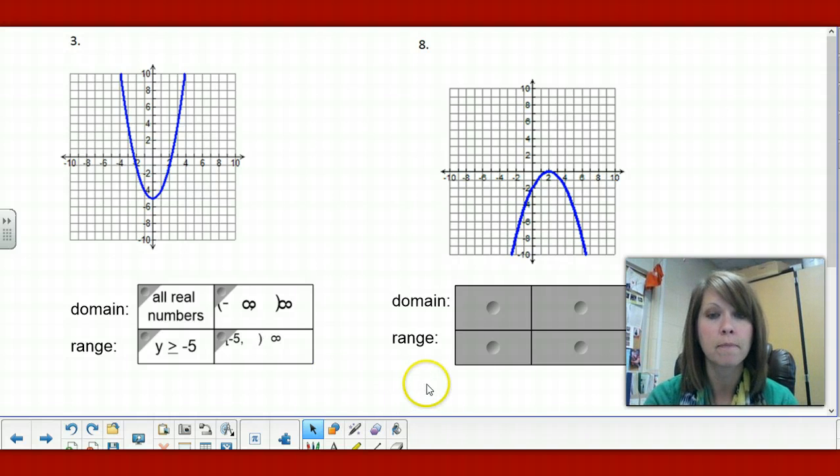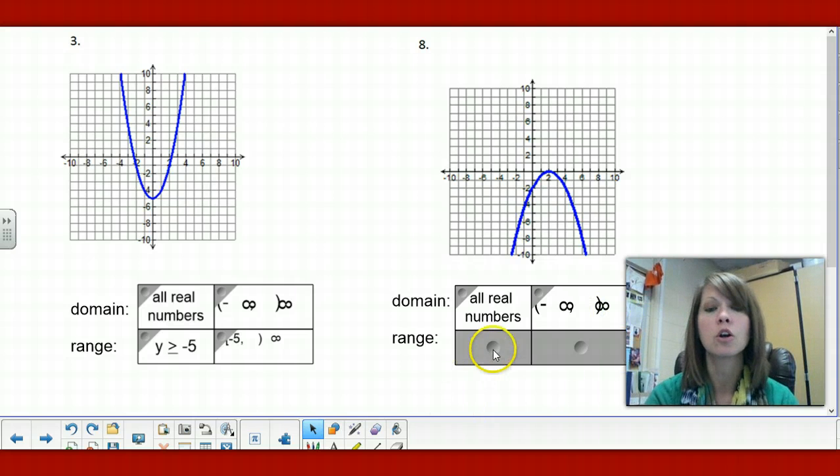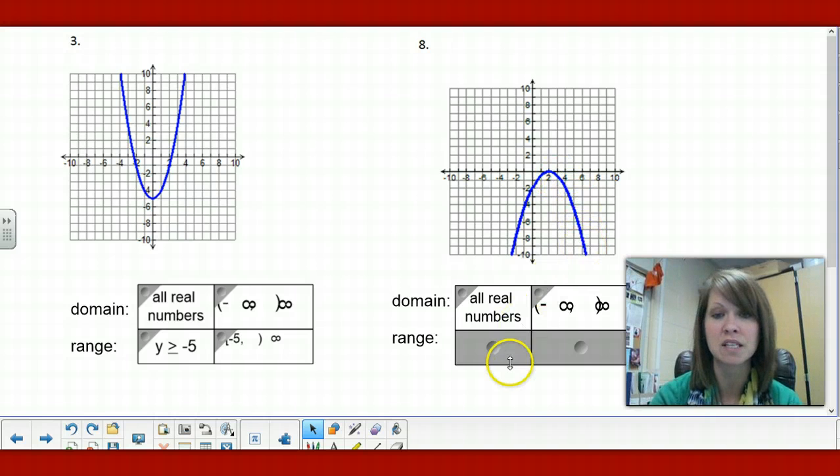Okay, I have just a few seconds left to talk to you about this one. Still a parabola, domain will never change. The range, on the other hand, because this vertex is a maximum, a top instead of a minimum, a bottom, is different. All of the y's on this are not bigger than the y value of 0, but instead all of them are less than this value of 0.